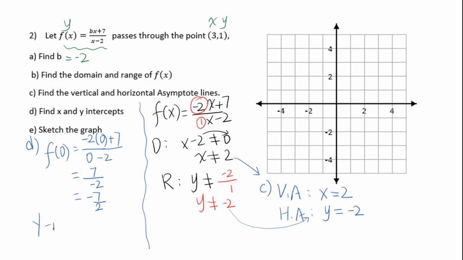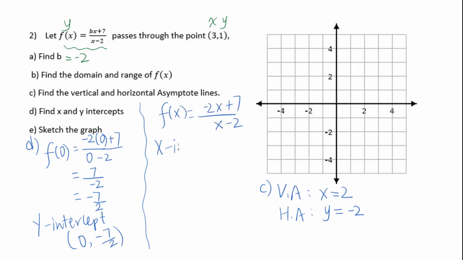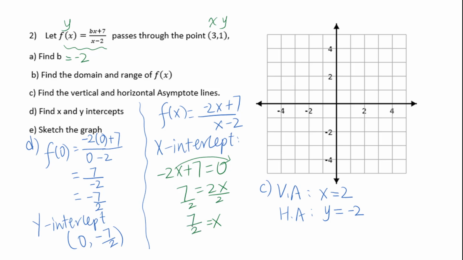So for the y-intercept, you will get (0, negative 7 over 2). For the x-intercept, we set the numerator equal to 0: negative 2x plus 7 equals 0. Then you solve. 7 equals 2x, divided by 2. x equals 7 over 2.